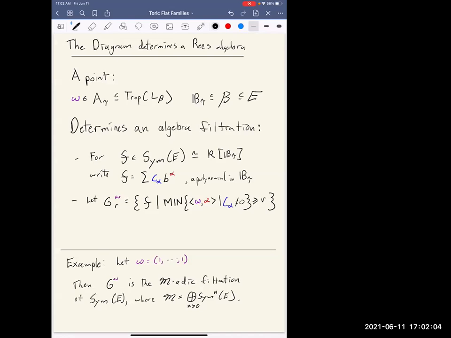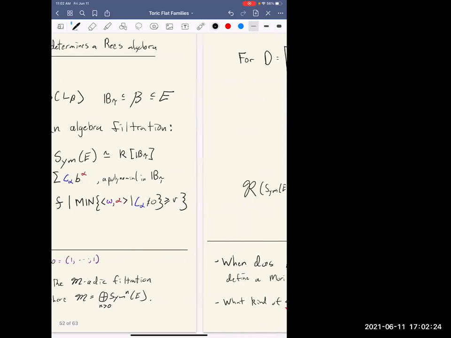So points in tropicalized linear spaces define the nicest possible kinds of filtrations on the nicest possible kinds of algebras. These sort of combinatorially prescribed filtrations on a polynomial ring.